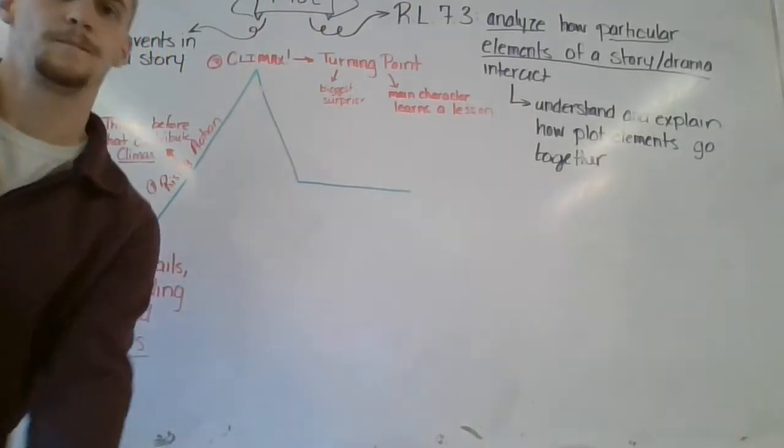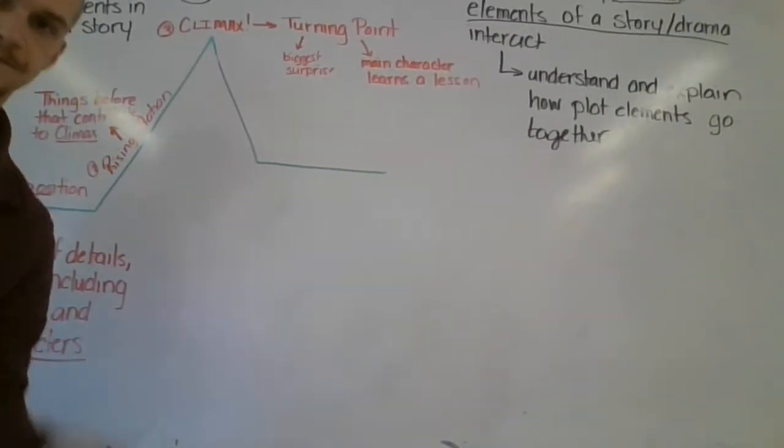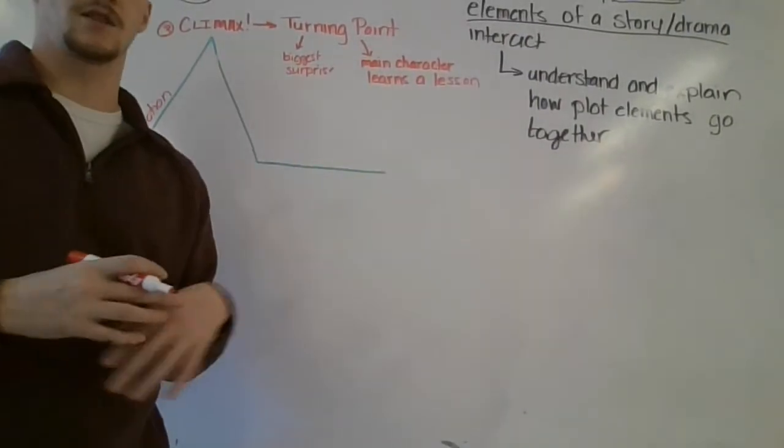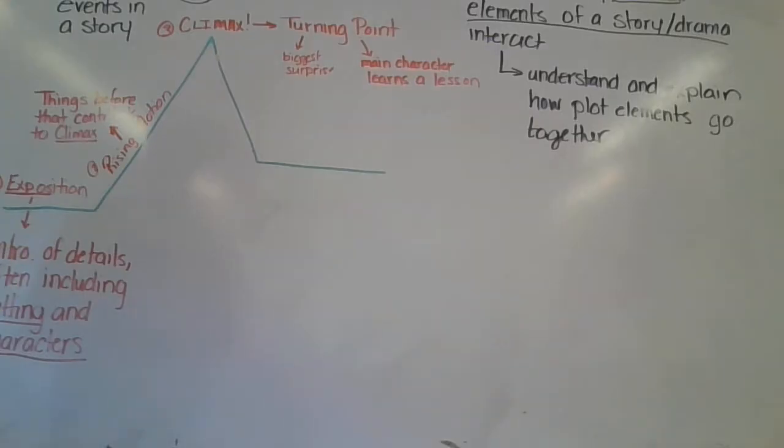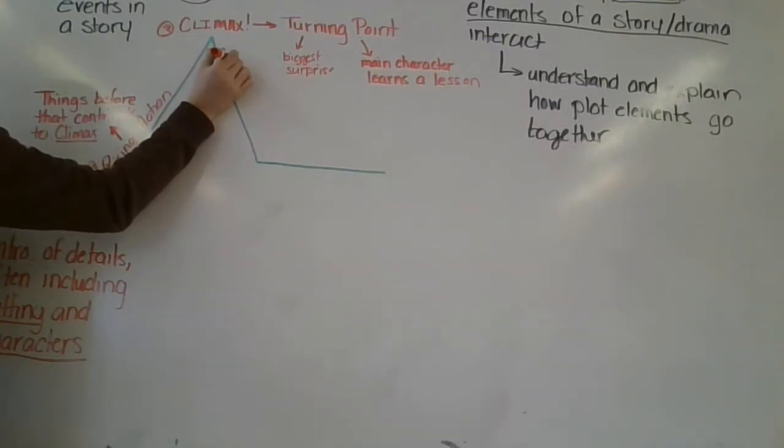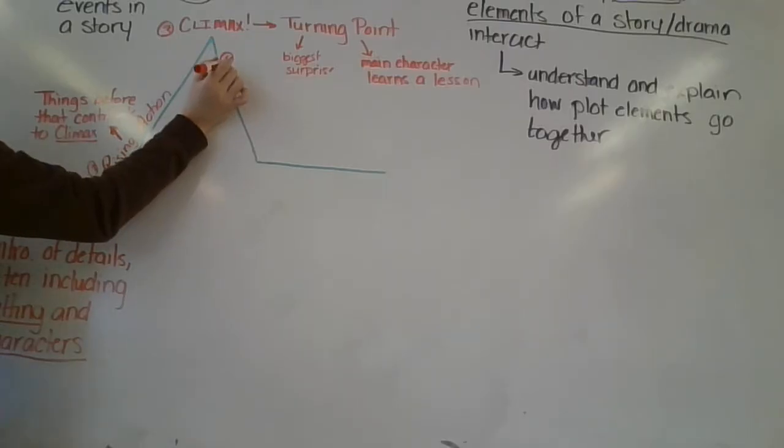All right, so the biggest surprise or the main character learns a lesson, and a lot of times that is your climax. So the fourth part of our story is what happens after that, and that is the falling action.